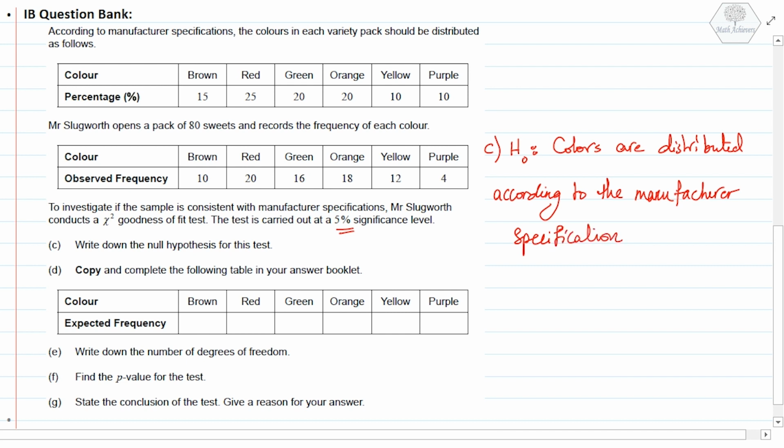In this case, the alternative hypothesis would be colors are not distributed according to the manufacturer specification.